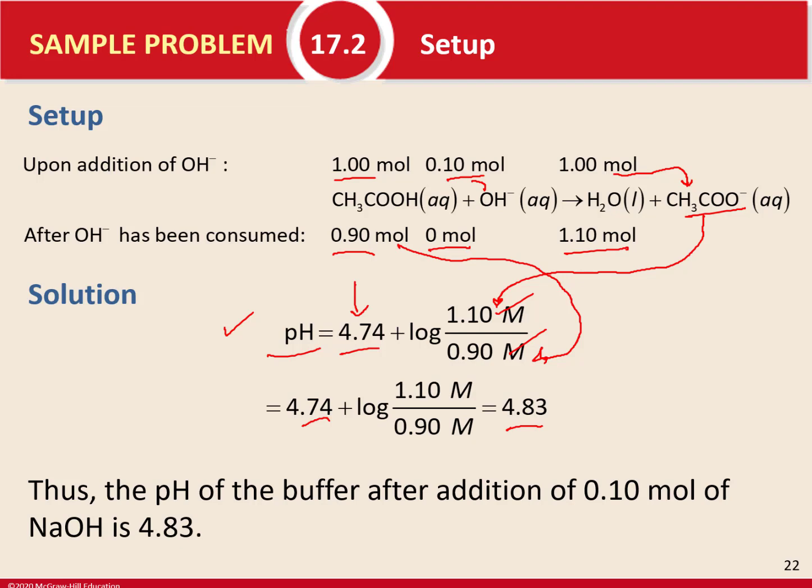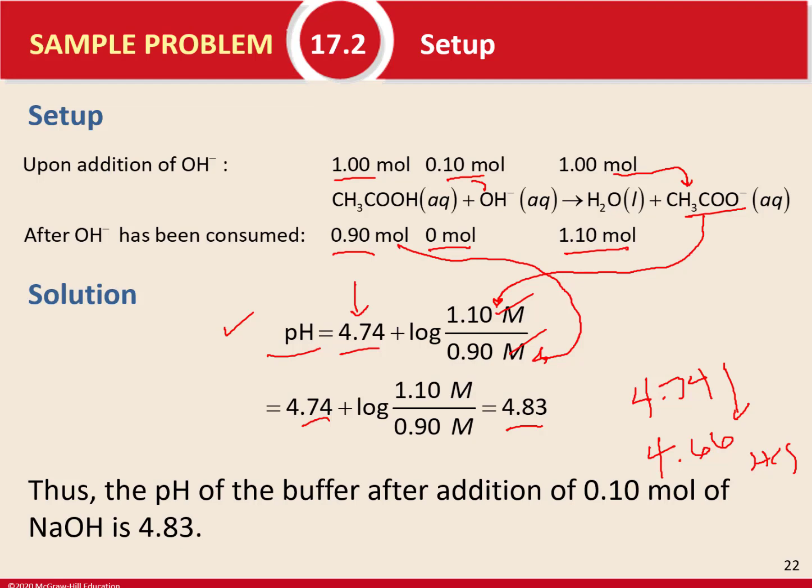So again, let's talk about what's going on here. We said that in a pure acetic acid buffer, the pH is 4.74. We saw a drop of 0.08 units, so we went to 4.66 when we added 0.1 moles of hydrochloric acid.